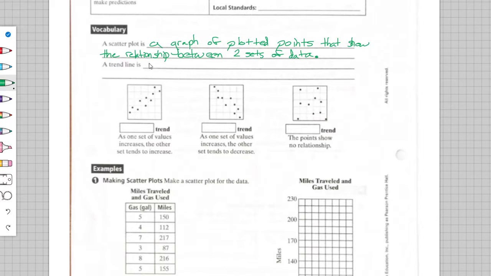A trend line is going to be a line on a graph showing the general direction that a group of points seem to follow.